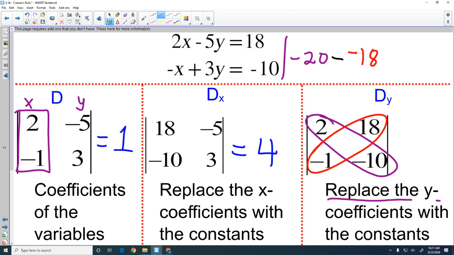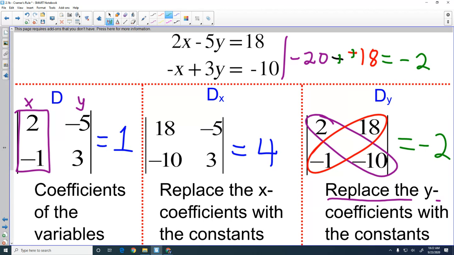And make sure you keep those negative signs straight, because a lot of times students will multiply negative 1 times 18 and say, oh, that's subtraction, and they'll have only one minus sign between the 20 and the 18. But remember, you're subtracting that number. And since you're subtracting a negative number, it's actually going to change into addition. So this is like negative 20 plus 18, which gives us a negative 2. And so that is dy, a negative 2.